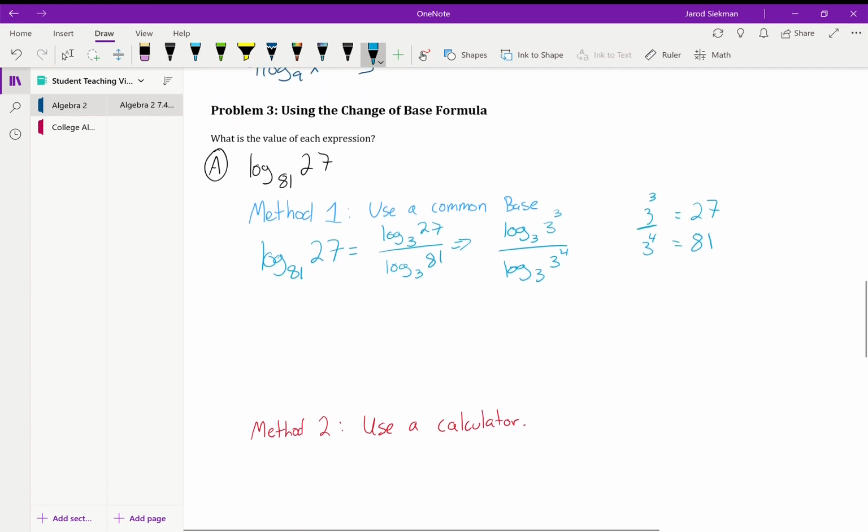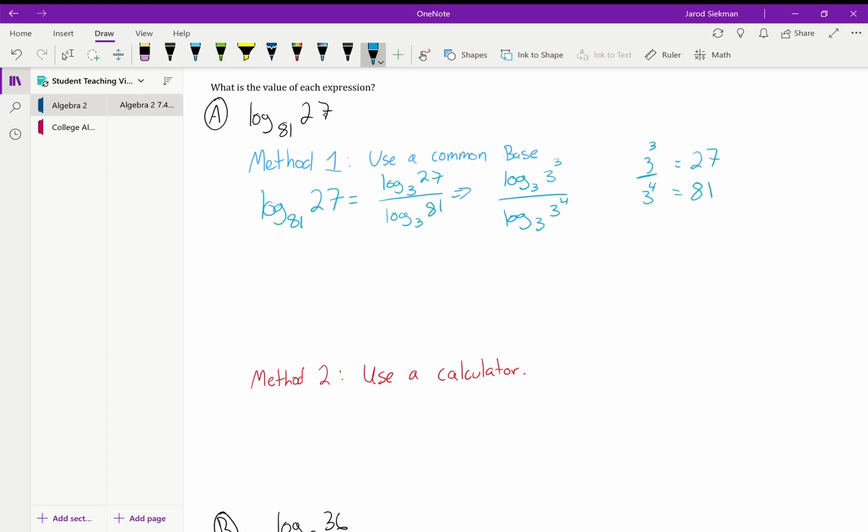Similarly to the last problem, if there's a log base 3 of 3 to some exponent, your answer will be that exponent. So we get 3 over 4, because the exponent here is 3 and the exponent here is 4.